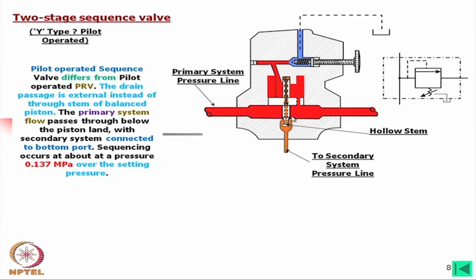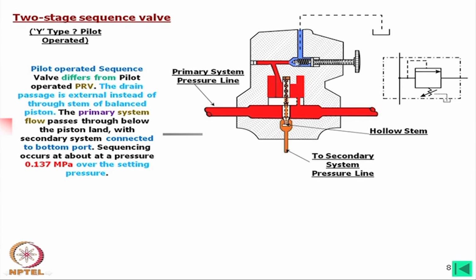Ordinarily, when there is no flow, it is completely balanced, and there is no force acting on it except the spring force, which just keeps it sitting on this position. So ordinarily there will be no leakage; with a small force it will remain closed.